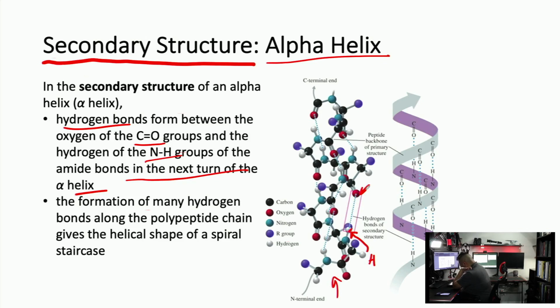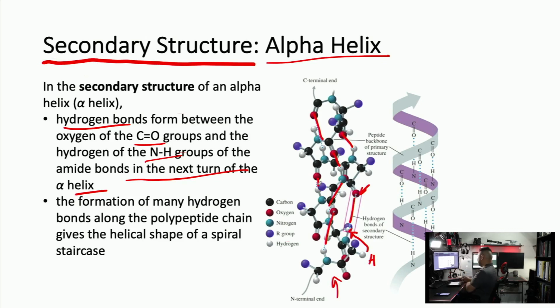It's interesting because this goes all the way up the chain. You can see it here. There's one there that I just pointed out to you. There's one there, one there, one there, and one there.